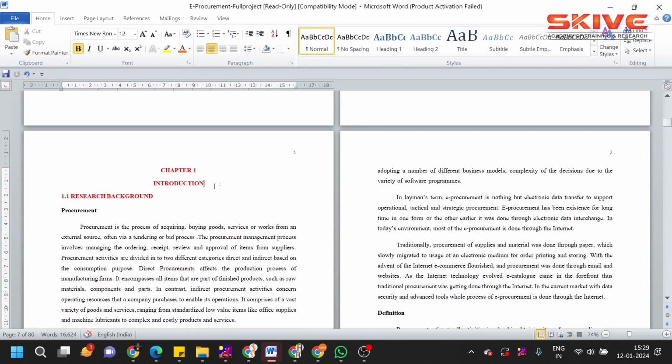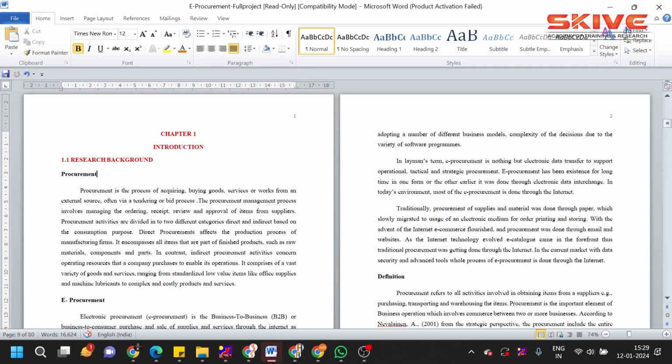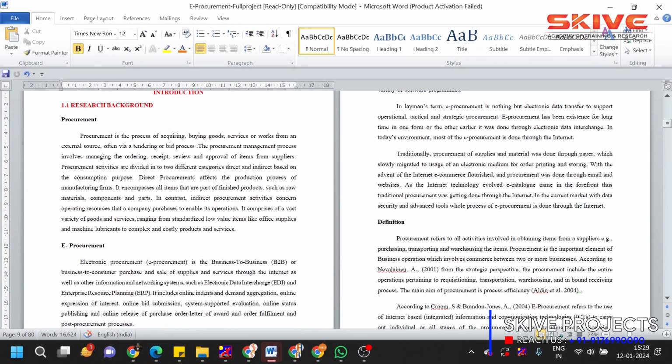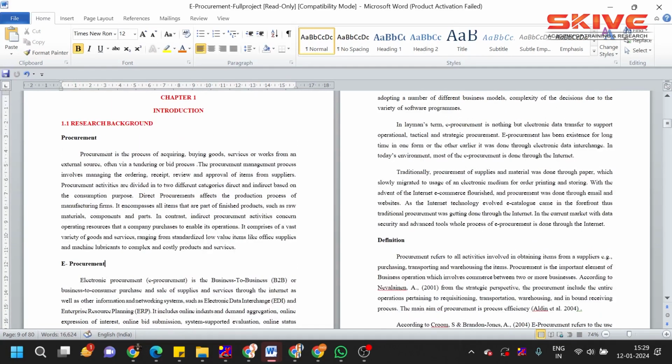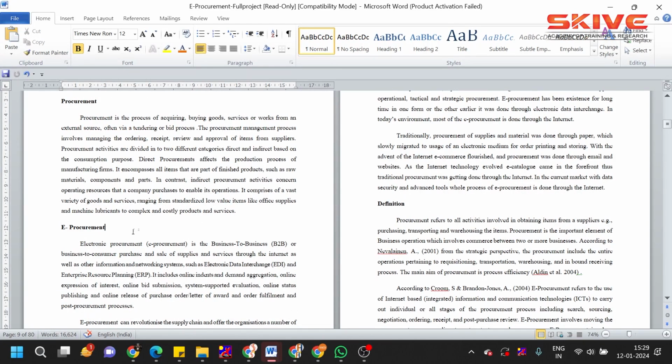Chapter 1 starts with the introduction part. It includes the research background. Here you can see what is procurement and what is e-procurement.